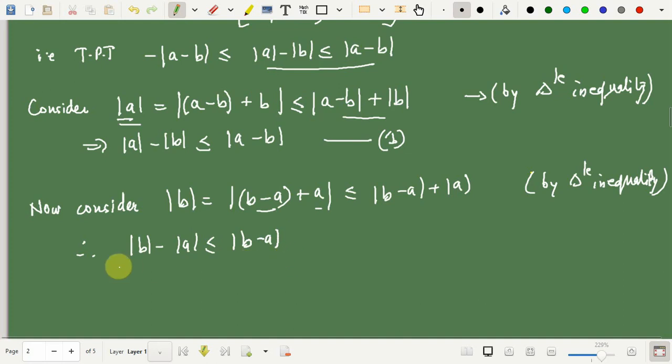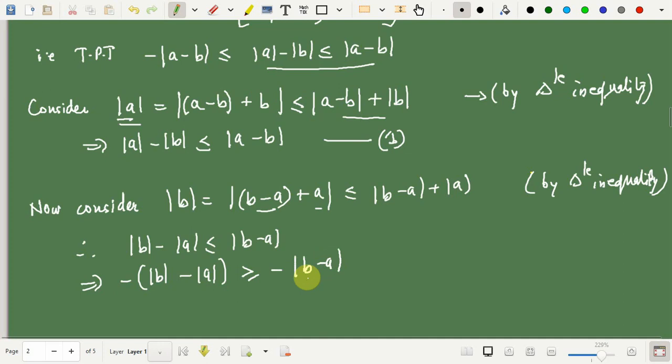Okay. So now, I want to show that mod of a minus b is less than or equal to mod of a minus mod of b. So we have over here mod of b minus mod of a, I just need to change the sign. So I will multiply throughout by minus 1, so I will get minus of mod of b minus mod of a is greater than or equal to minus of mod of b minus a.